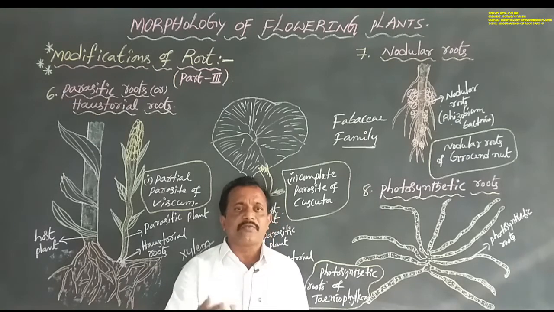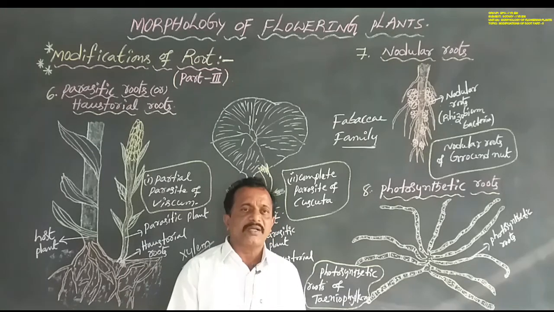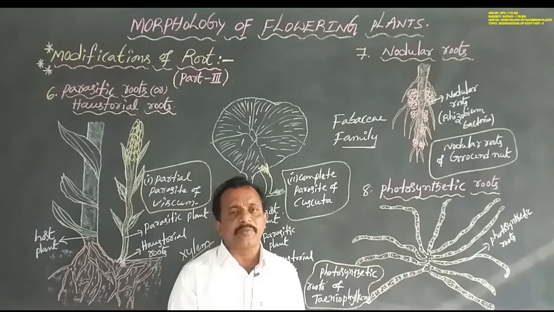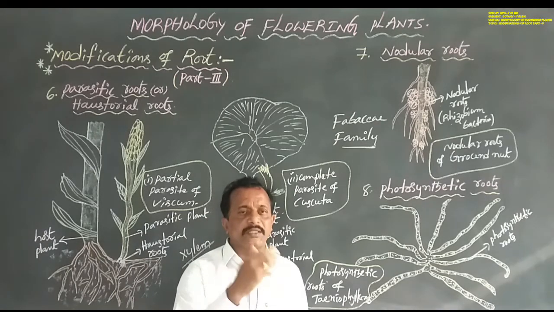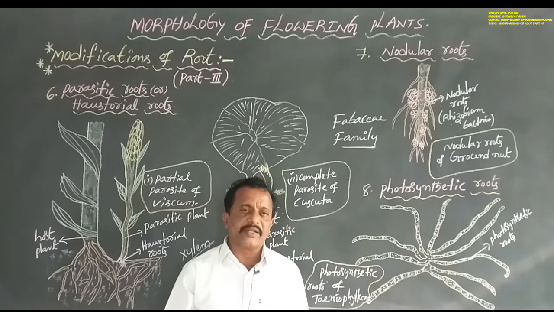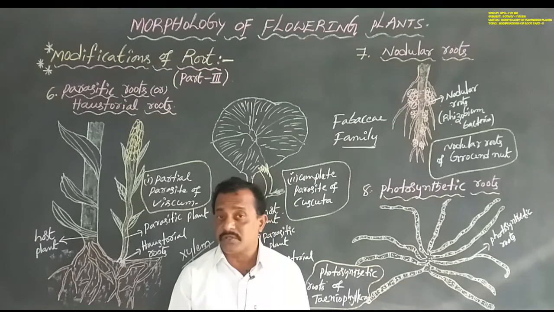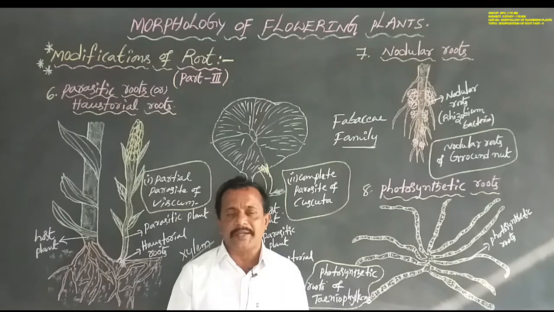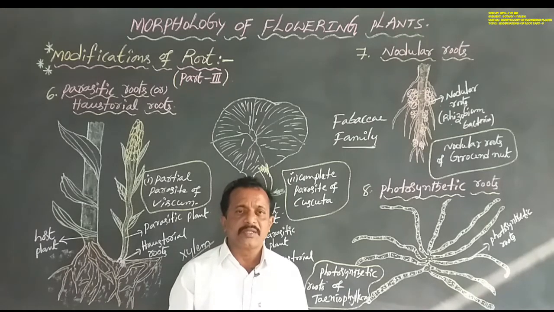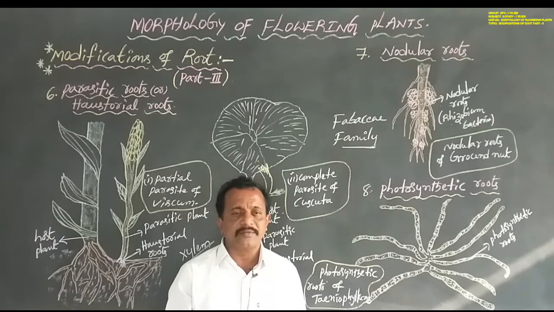Why? Because these leaves contain chlorophyll pigments, so they are always green in color. That is, photosynthetic leaves. In a well developed angiospermic plant, whether monocotyledon or dicotyledon, the leaves are always greenish in color.